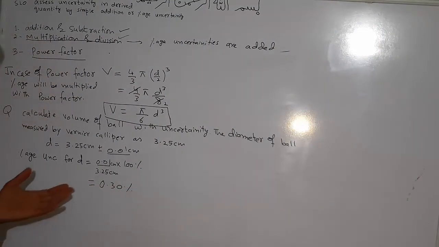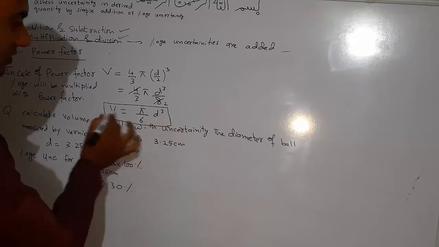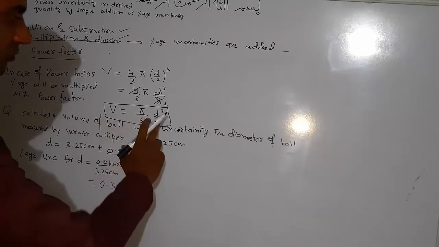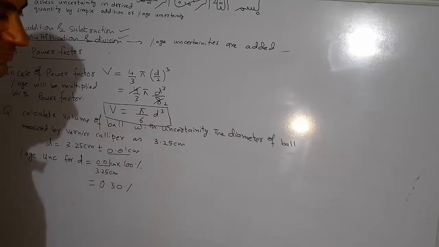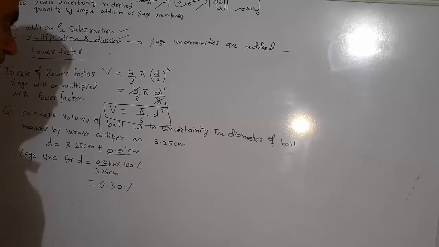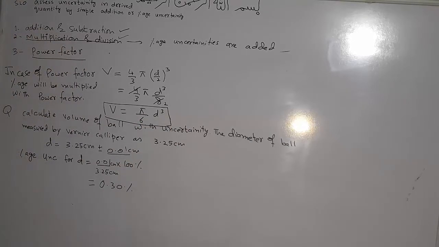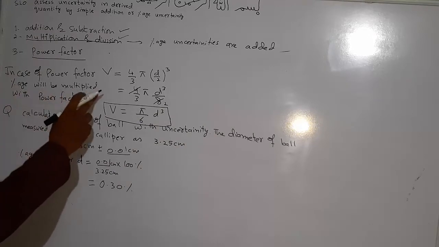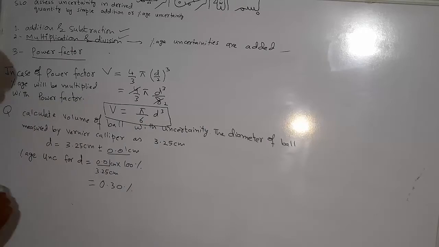So that is the percentage uncertainty in d. What is the power involved right here? The power factor for the volume of the ball. We have power involved only in d. So d has power 3. According to the situation, we multiply the percentage uncertainty with the power factor.